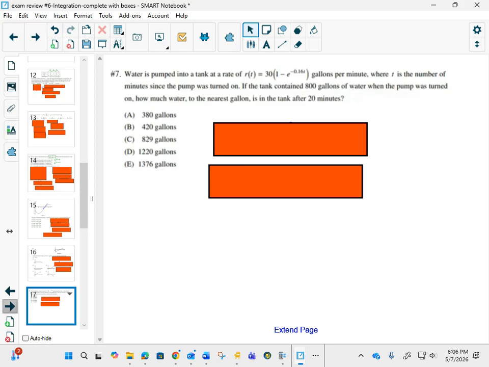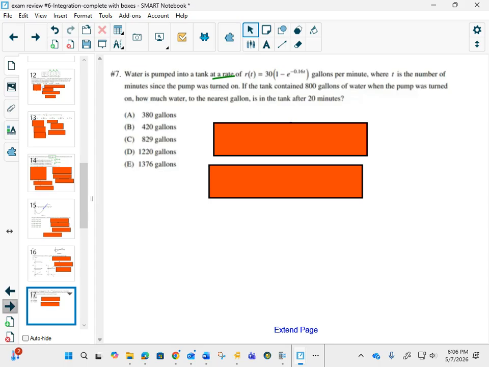Water is pumped into a tank at a rate, so we see that this equation is a rate already, gallons per minute, where T is the number of minutes since the pump was turned on. If the tank contained 800 gallons of water when it was turned on, how much is in the tank after 20 minutes?